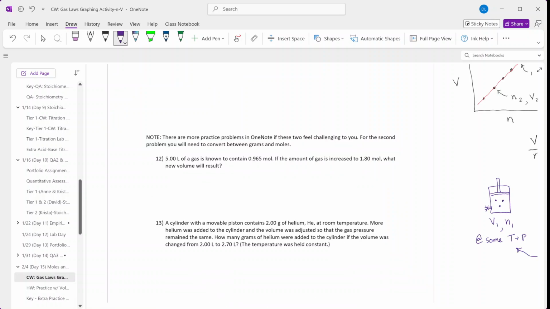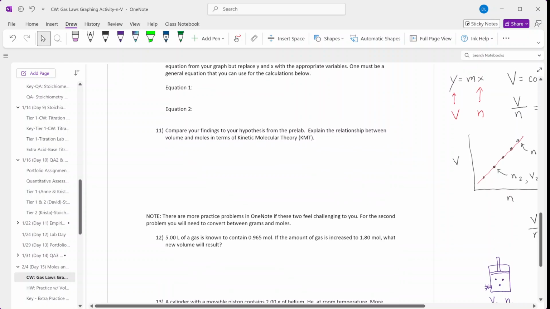Oh, I guess I should note one more thing. This worksheet also has you think about the pre-lab that you completed last time and discuss how the data that you collected for this worksheet pertains to kinetic molecular theory.